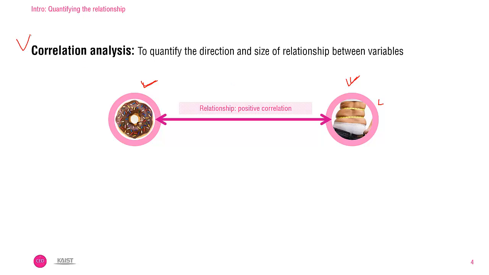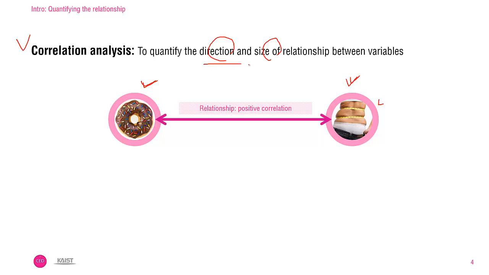In correlation analysis, we are examining the direction and the size of the relation between variables. And there is no cause nor effect yet. The correlation analysis provides you the direction and size of the relationship.